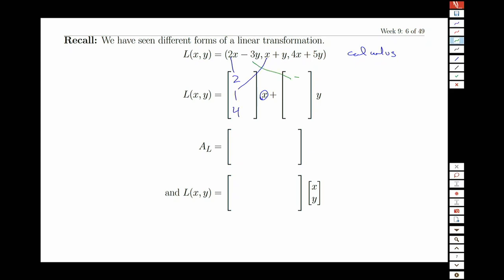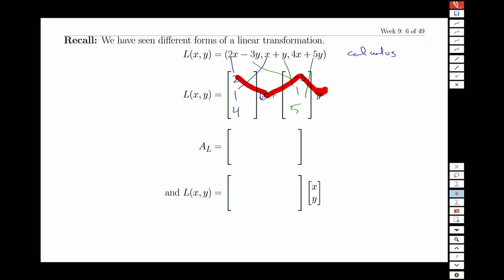And then I'd have negative 3 y's, and a 1 y, and a 5. That would be an entirely equivalent way of writing that function. If I expand that out component by component, I get 2x minus 3y this way, or 2x minus 3y that way. It's the same thing.